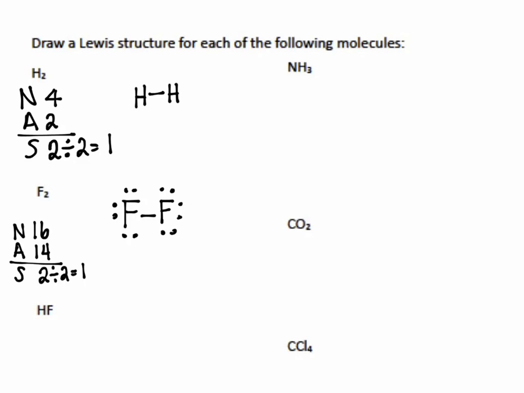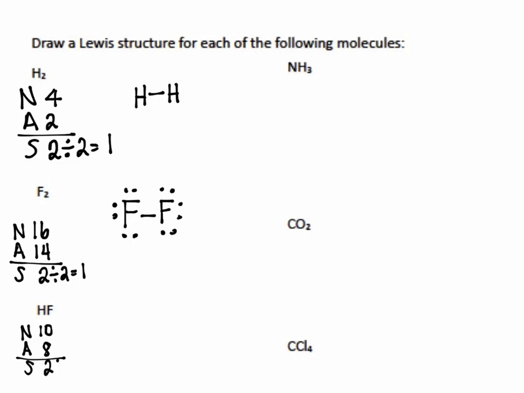So the next one, HF, we have our needed, available, shared. How many are needed? Fluorine wants to have 8. Hydrogen wants to have 2 for a total of 10. How many are available? Fluorine comes in with 7. Hydrogen comes in with 1. 8.